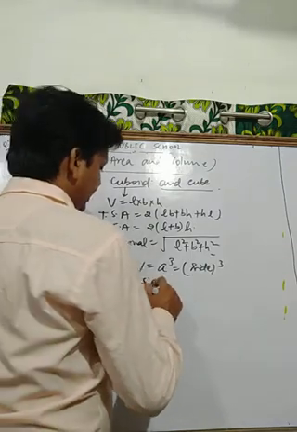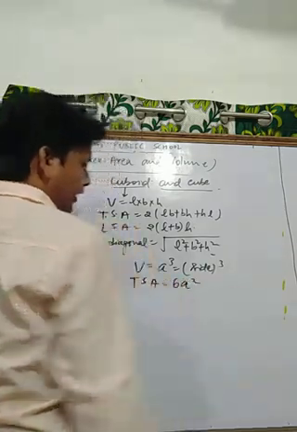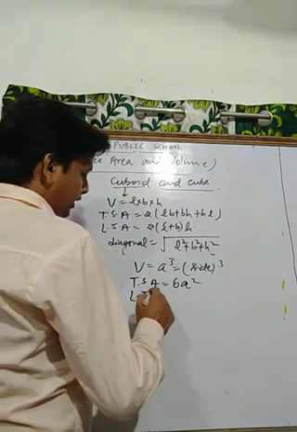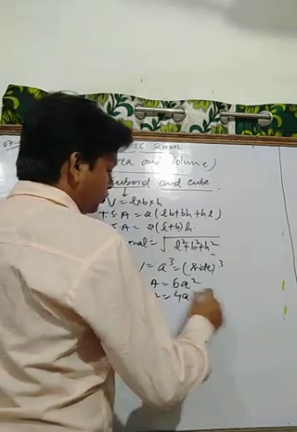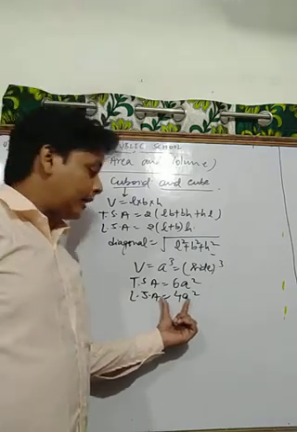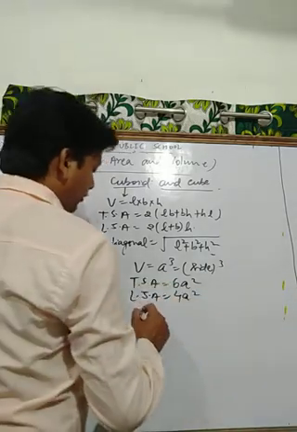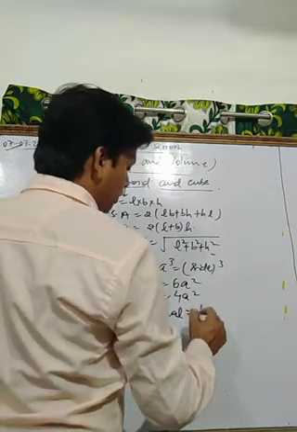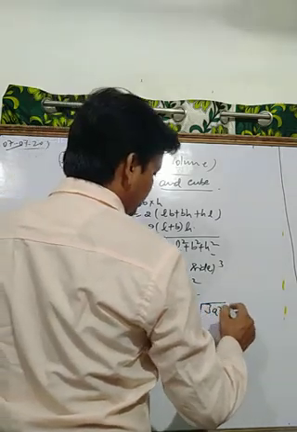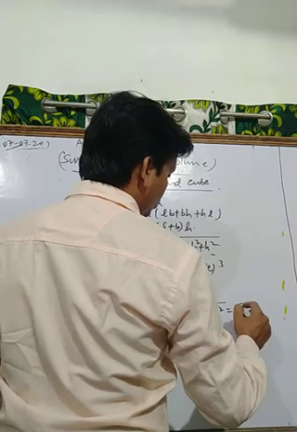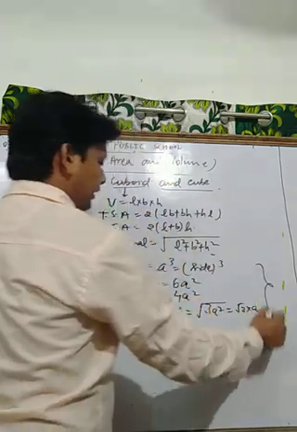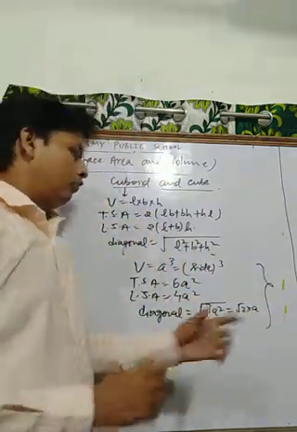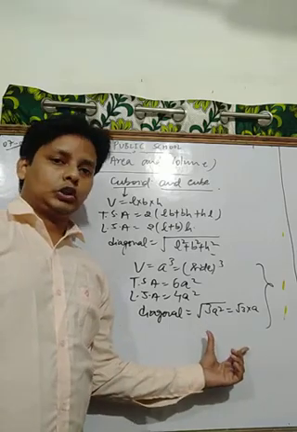The total surface area of a cube is 6 into side square. The lateral surface area of a cube is 4 into side square, and the diagonal of a cube is root 3 into side. These are the formulas for a cube.